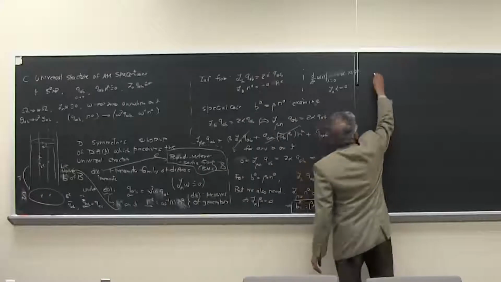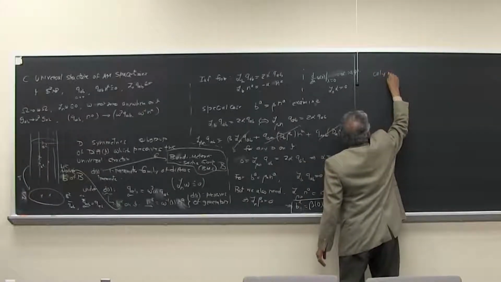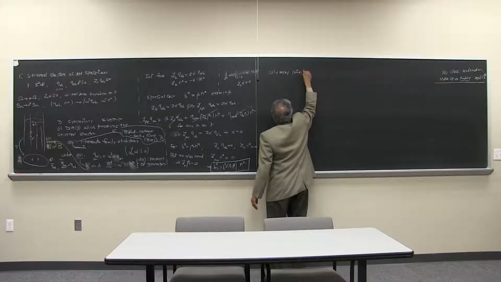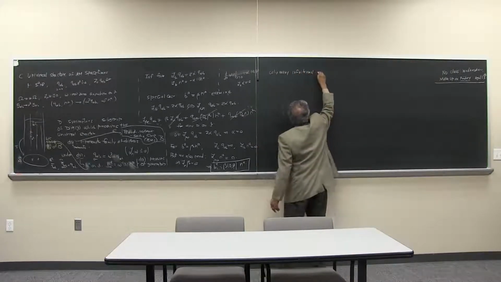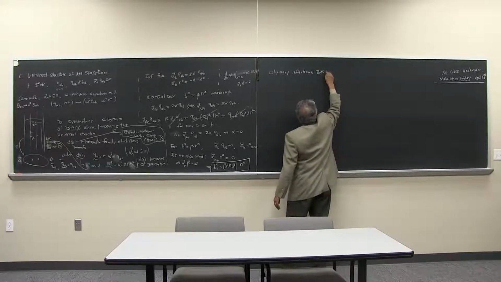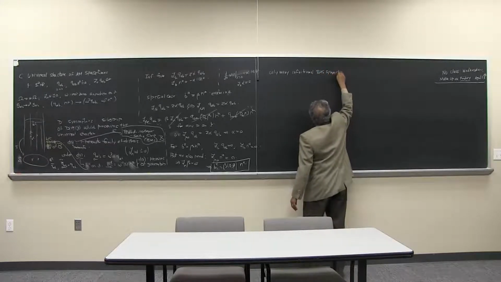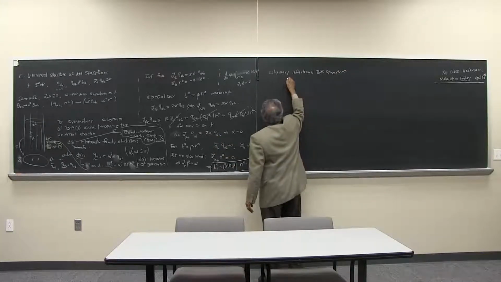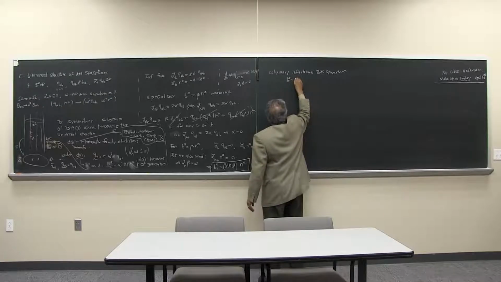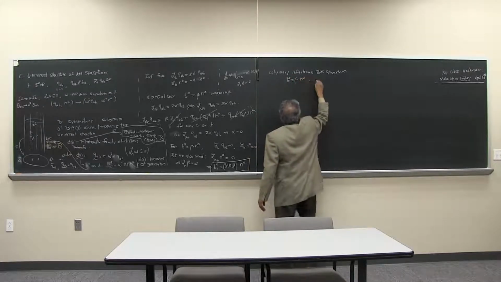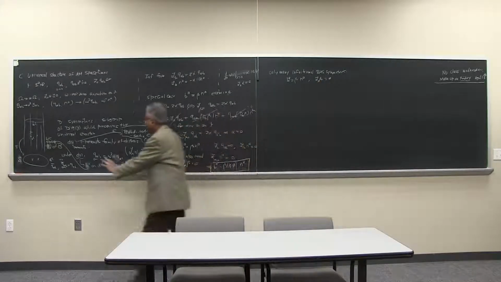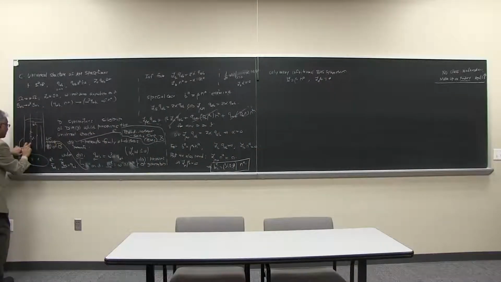So we found infinitely many infinitesimal BMS symmetries, and these BMS symmetries just satisfy BA is equal to beta times Na, where beta does not depend on u. Beta doesn't change as you go up and down the generator.